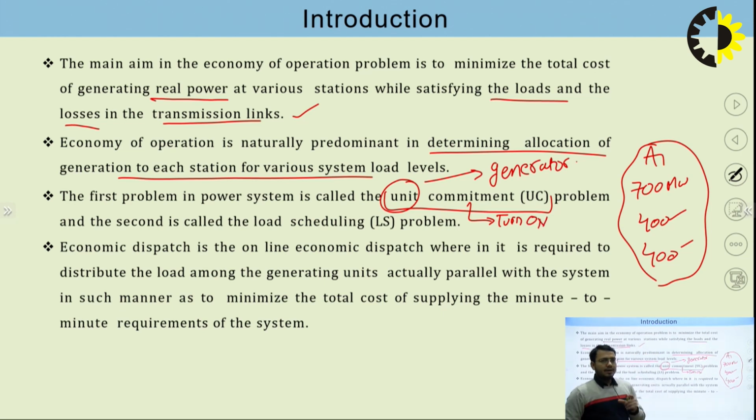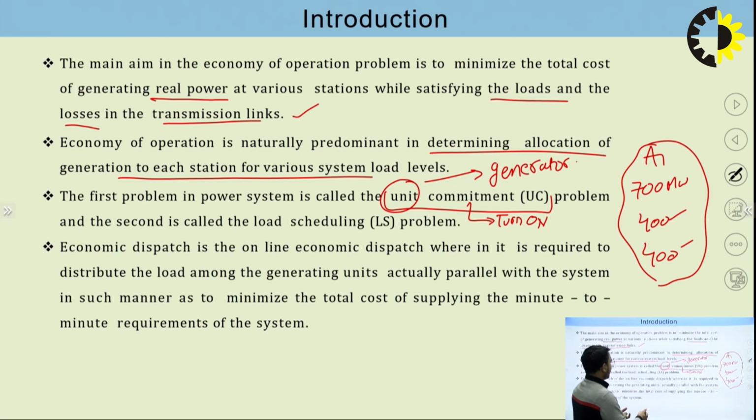So we are turning on the generator or a power plant, so that the power plant can satisfy that particular load, so that amount of power can be generated from that generator.